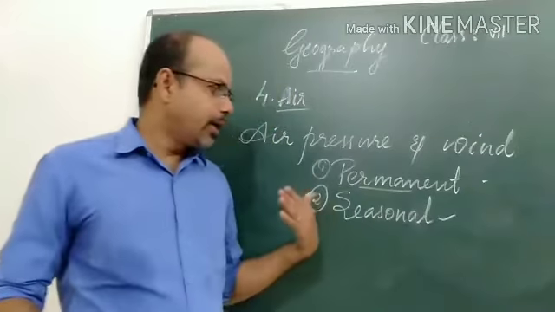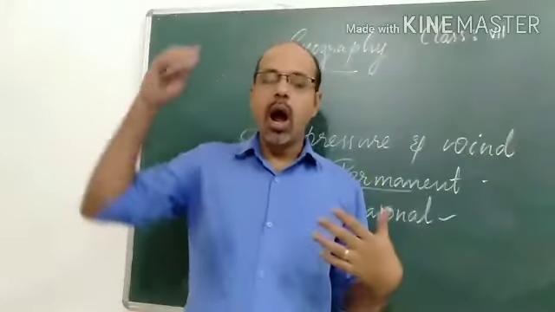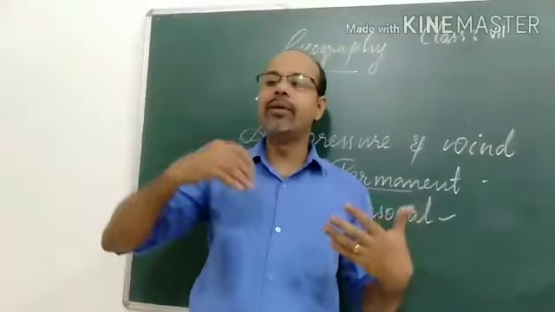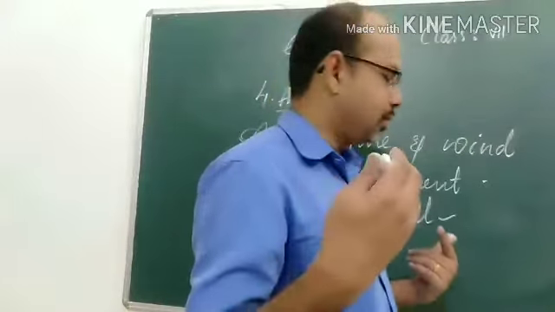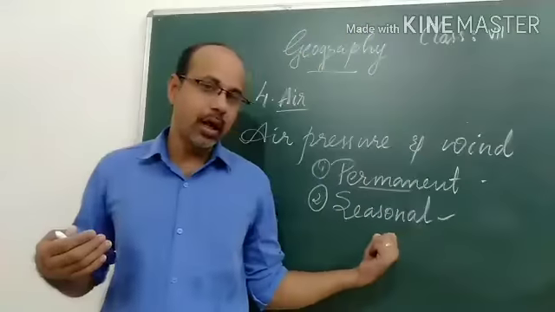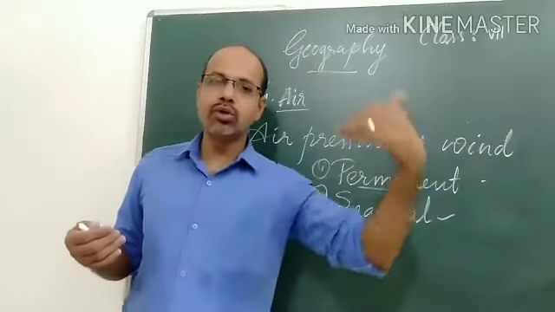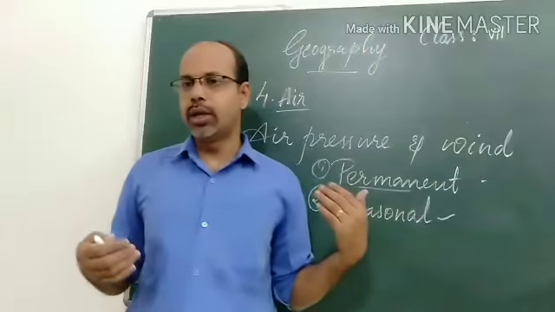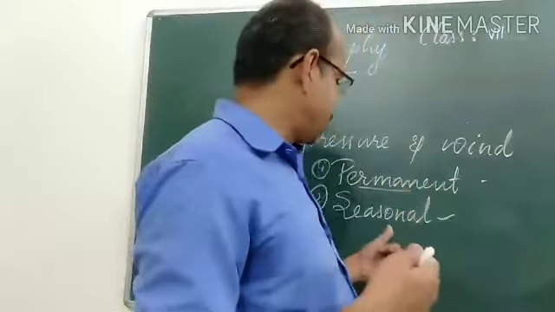From June to September we have the southwest monsoon, and from October onwards they retreat, coming back from the northeast. So we call them seasonal winds, the southwest monsoon and northeast monsoon, according to the seasonal changes.